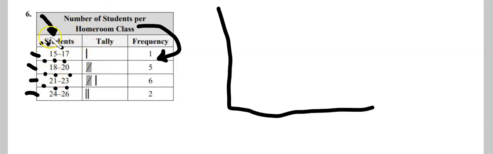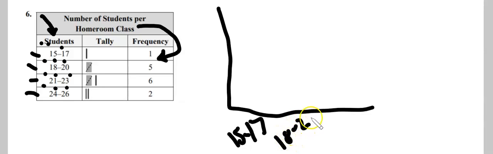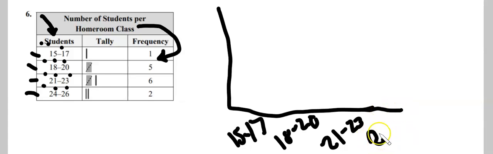You have to have the exact same number of interval distances for each of your different interval sets. So we have 15 to 17. Then we have 18 to 20. We have 21 to 23. I'm going to extend this line just a little bit further out so that I can put 24 to 26.